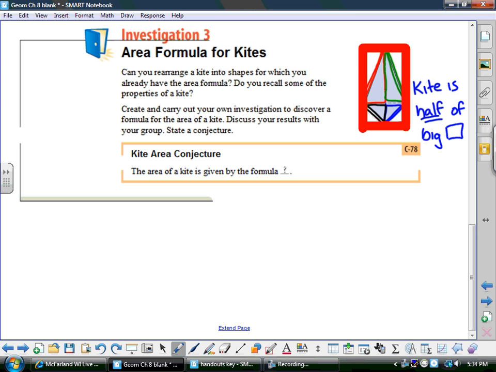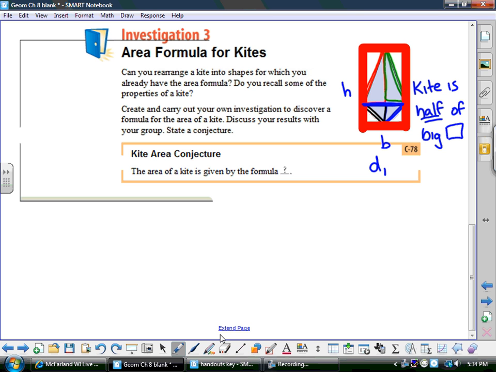So if I could figure out the area of that big rectangle, I would just need to cut it in half or divide by 2, and that would be the area for the kite. Well, the area of a rectangle is base times height, and the base is the same as the length of this part of the kite, which is actually a diagonal for that kite.